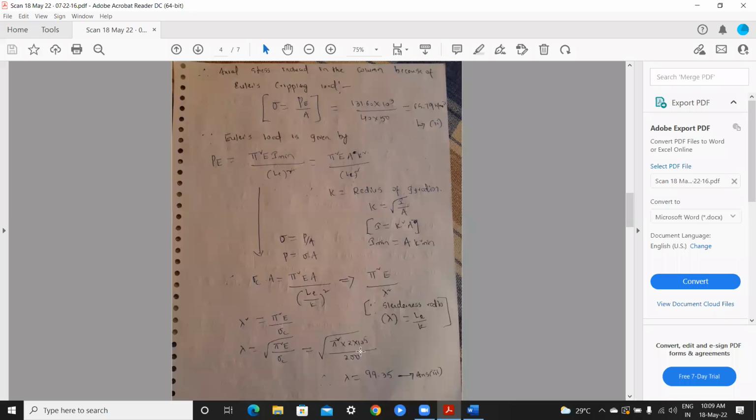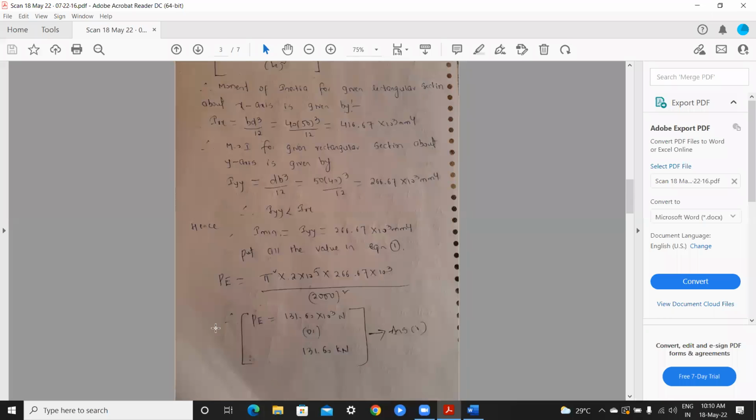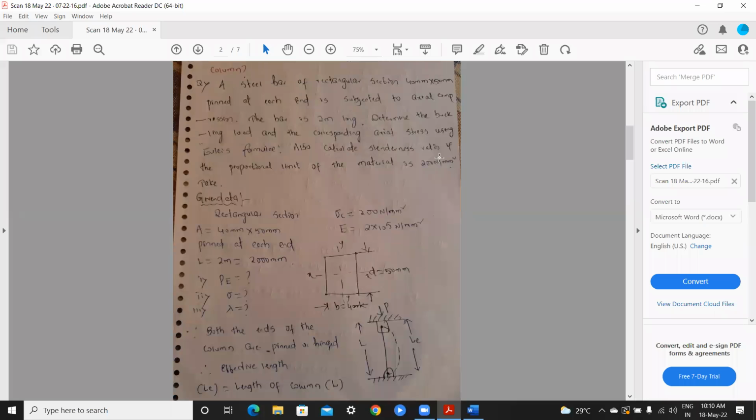So here under root pi square into E value, which they already gave us as 2 into 10 to the power 5, and sigma c, which in the problem they gave as 200 Newton per mm square, if the proportional limit of the material is 200 Newton per mm square.